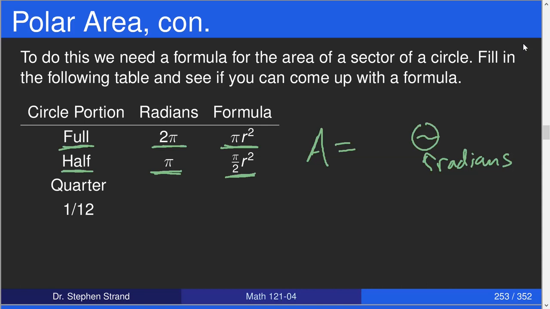When we talk about a radian measure in a circle, what we mean is, if you draw a circle and somebody says this angle here is theta, then we want to know the area of that region in the circle. Okay, go ahead and pause the video and see if you can fill out the rest of this table and find a pattern.